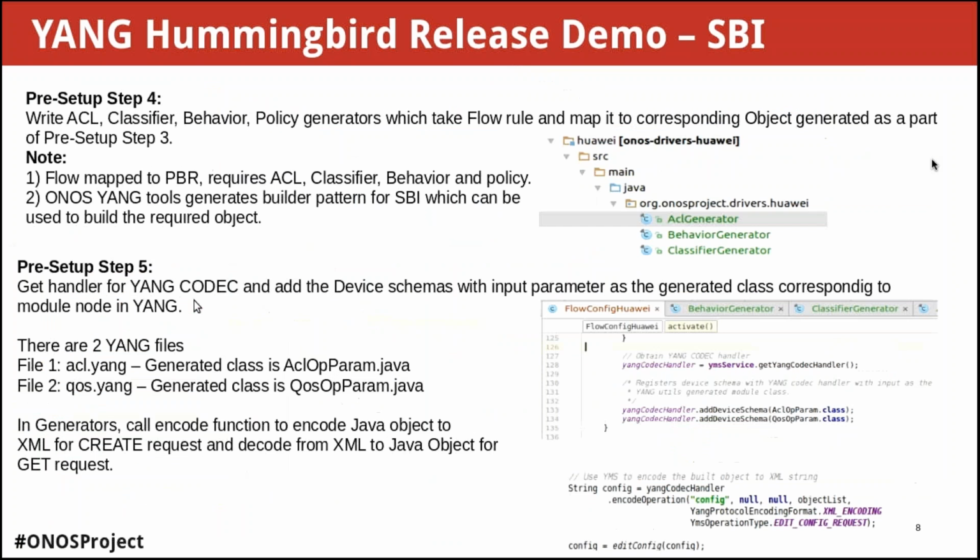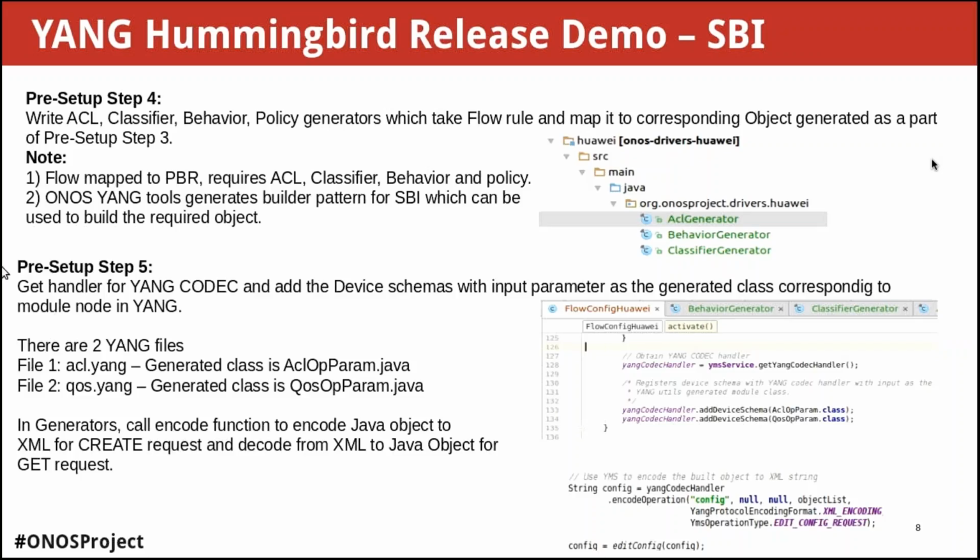Okay, moving on to step 4. We have written the ACL classifier and behavior policy generators, which take a flow rule as input and construct the Java object. To construct the Java object, the Yang tools generated classes offer a builder pattern which can be used directly to generate those objects.